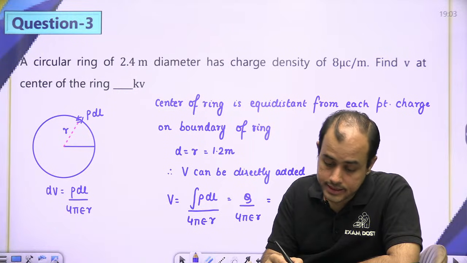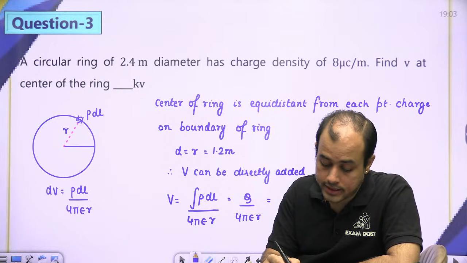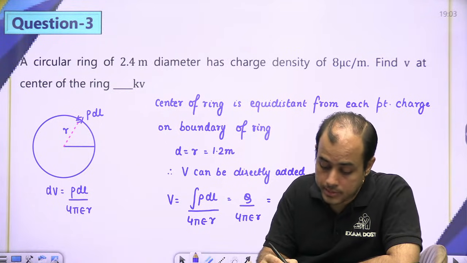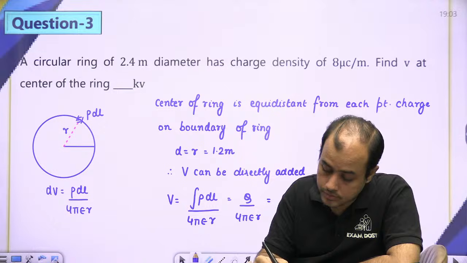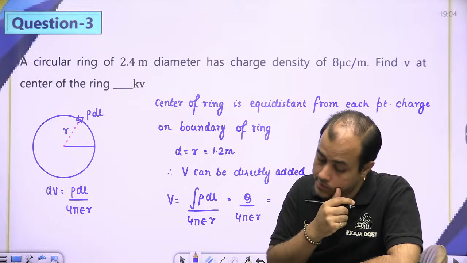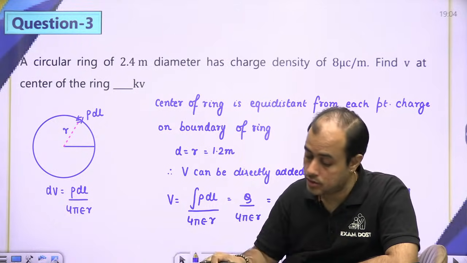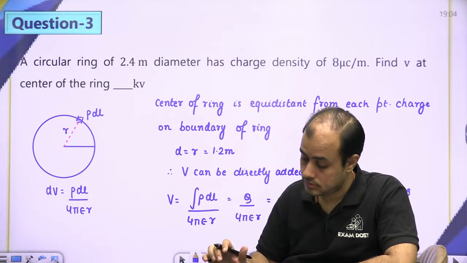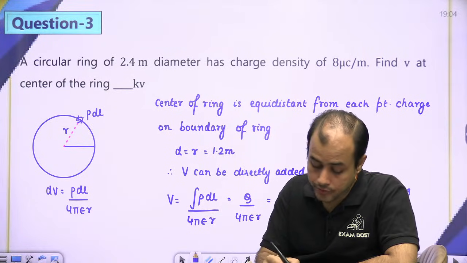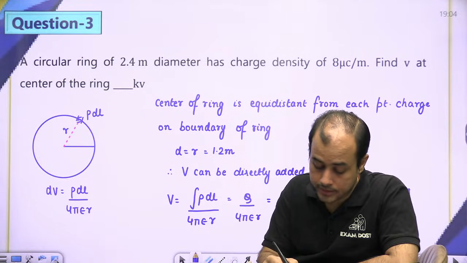Now charge density is given 8 into 10 की power minus 6 into 2 pi into radius, 4 pi epsilon 9 into 10 की power 9 by radius 1.2. ठीक है, तो 9000, 18,000 pi into 8. फोर 52.39 kV.